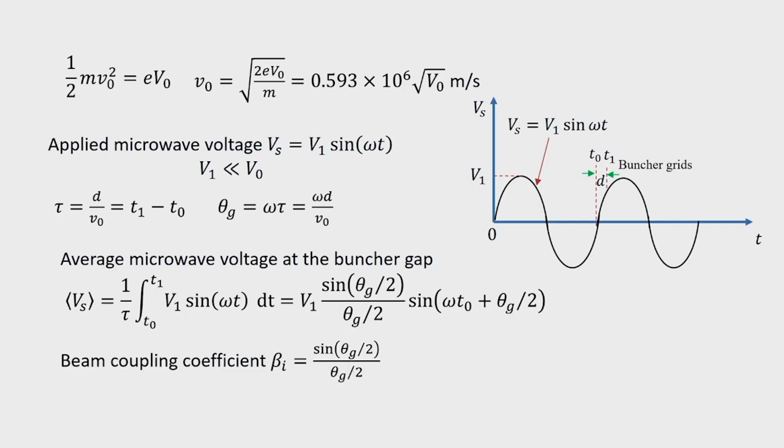We define a parameter beta I, which is the beam coupling coefficient, and its value is given by sin theta g by 2 divided by theta g by 2.